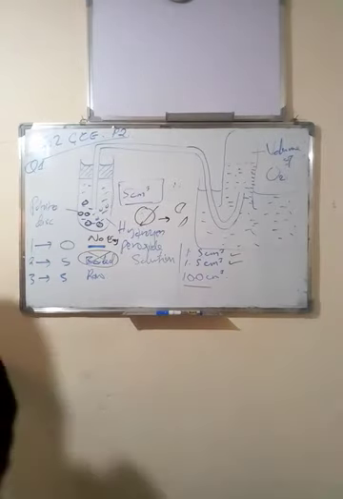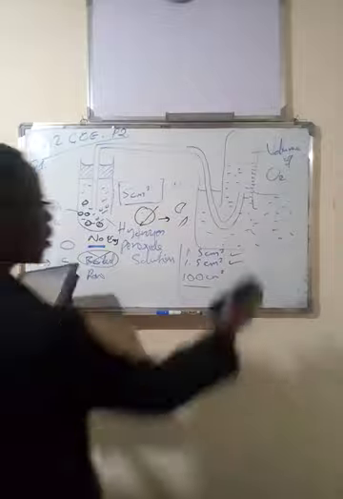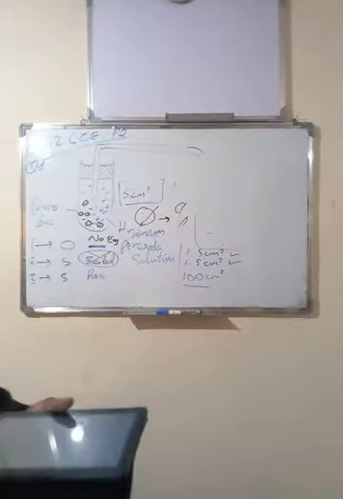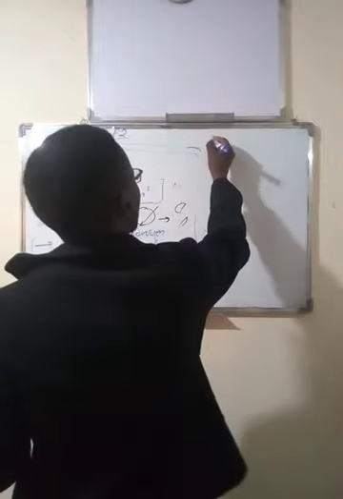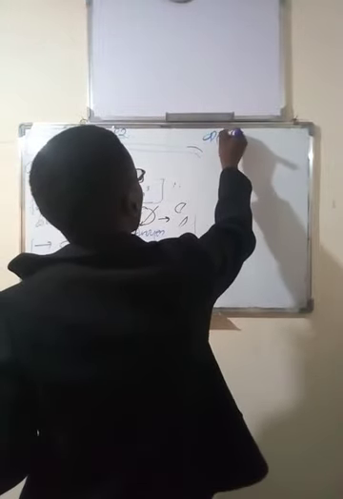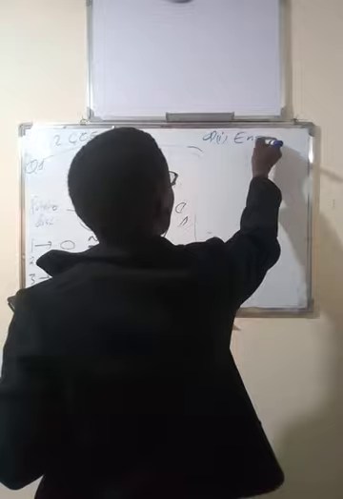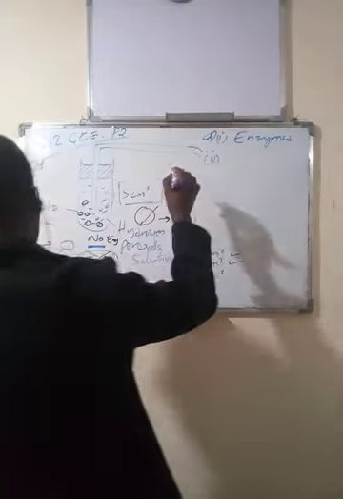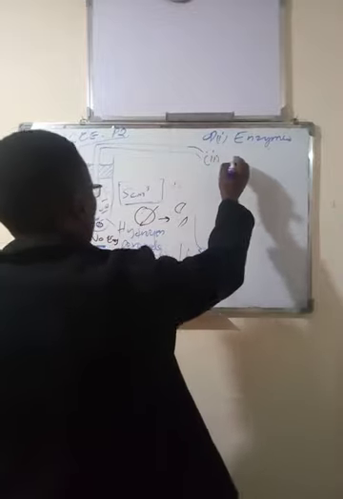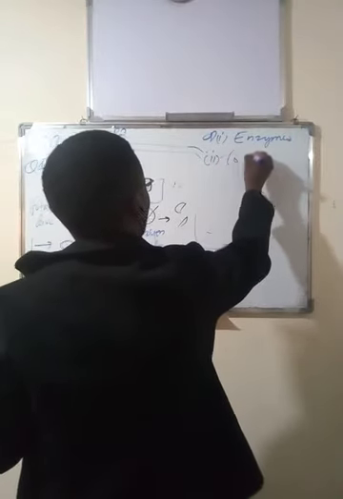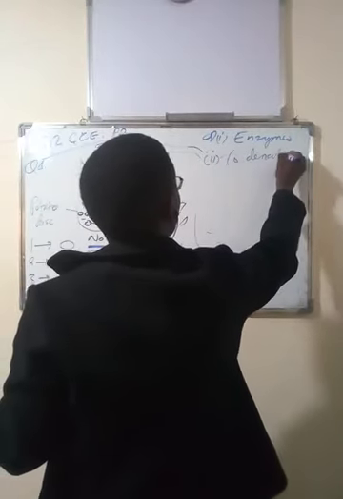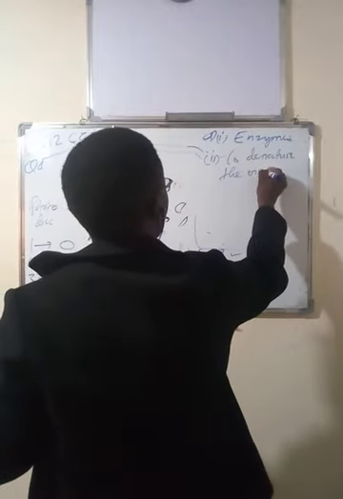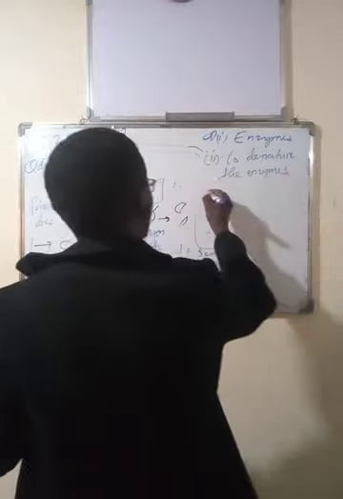Let me erase part of the diagram so that I can write those answers. So part A1, the general name is enzymes. Then 2, the reason why the potato discs were boiled is to denature the enzymes.